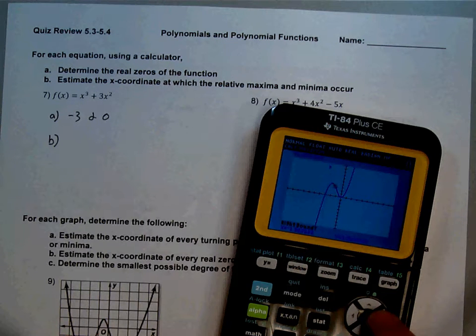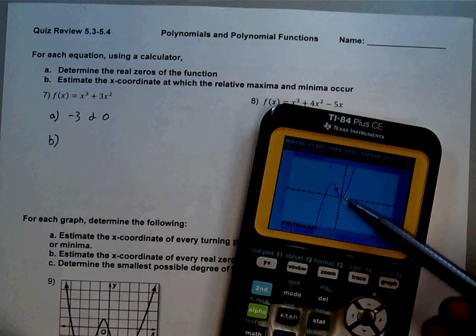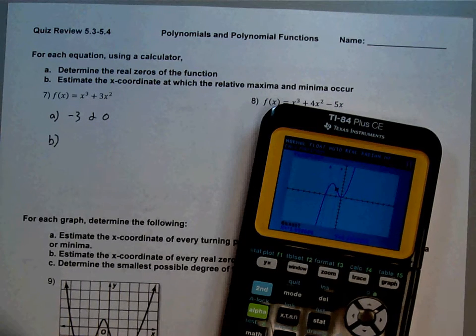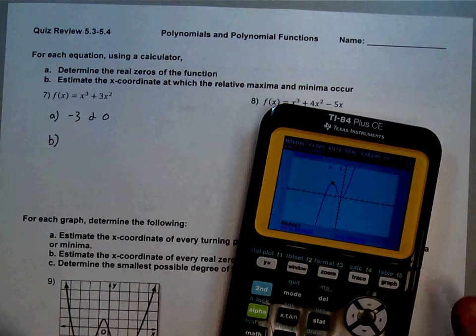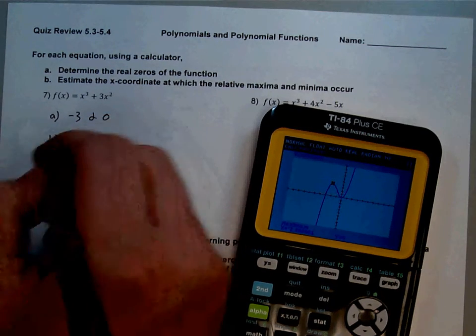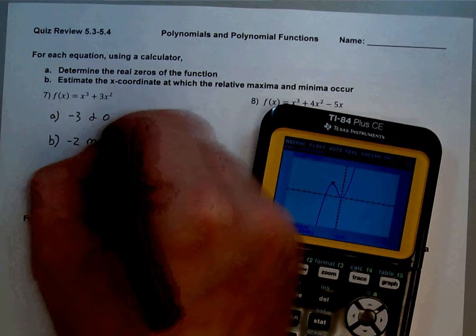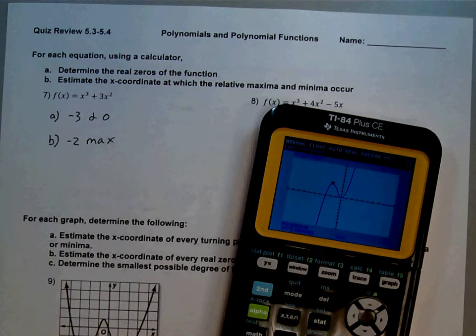Make sure you don't go too far right that you go past the next turning point. So I wouldn't go all the way down to like the 0. Somewhere in between, about where I'm at is fine. Your best guess. So -2, and it gives 0, 0, 0, 0, 1. We'll call that -2. And let's go ahead and state that that was a relative max. I may even just say max.